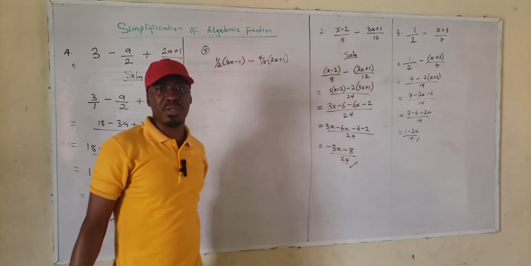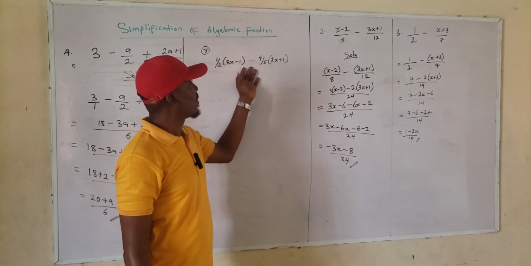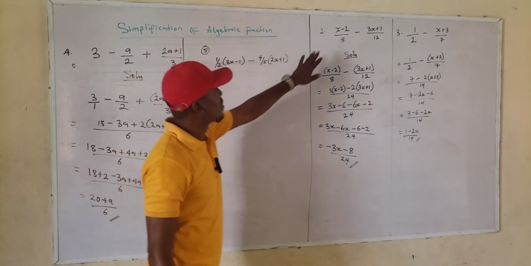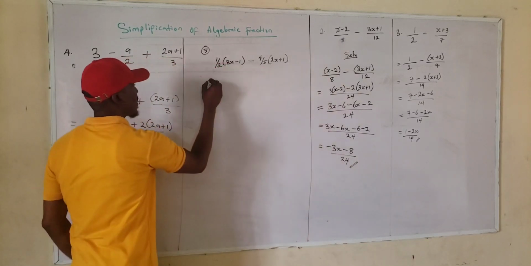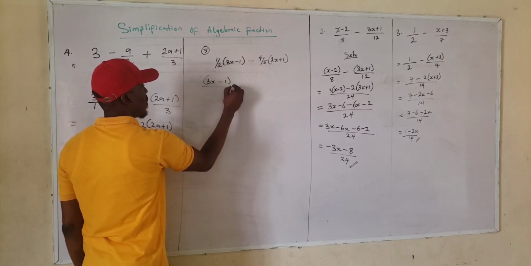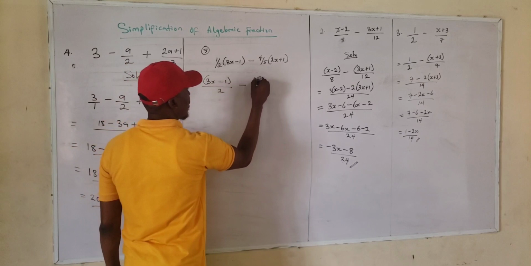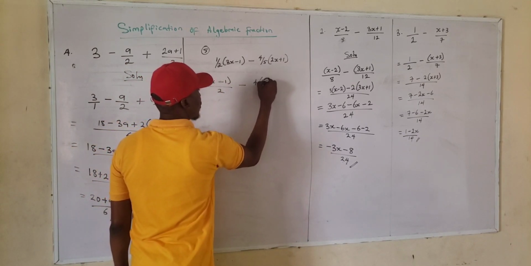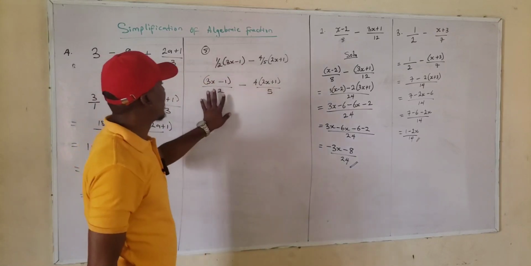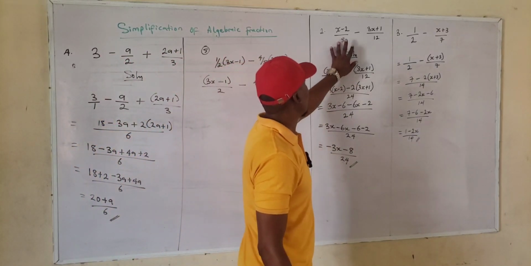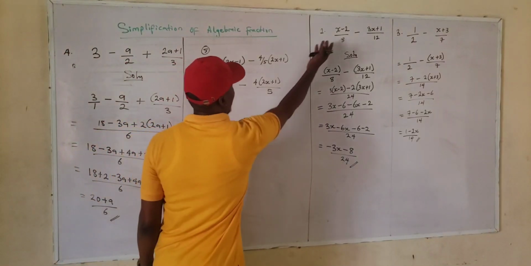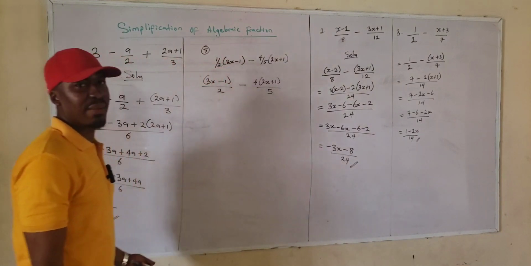Please don't panic, because this can be written as this, and this can also be written as this. So let us rewrite this to look like this, okay? So that will give us 3x minus 1, all over 2 minus 4 into 2x plus 1 all over 5. You can see that this now is looking like this, okay? Now that you have it looking the same, you do the same thing, okay?